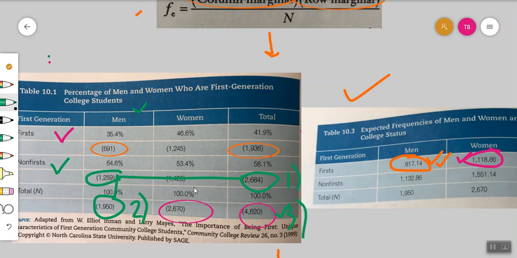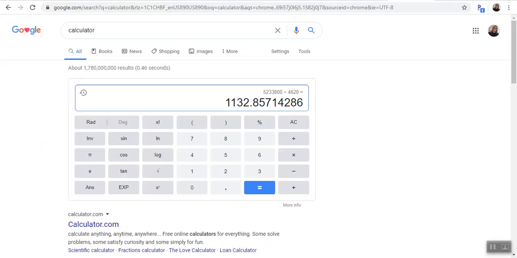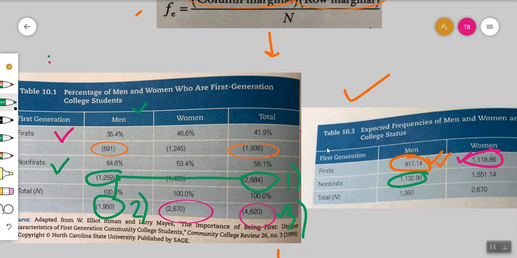Okay. And we get this number right here, the 1132.85. We're going to round it up to 1132.86. Okay, get that number. And finally, you do the last one.